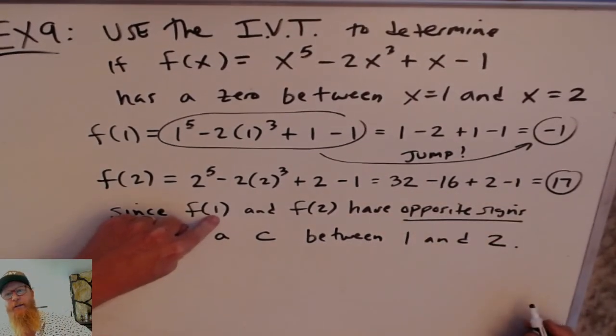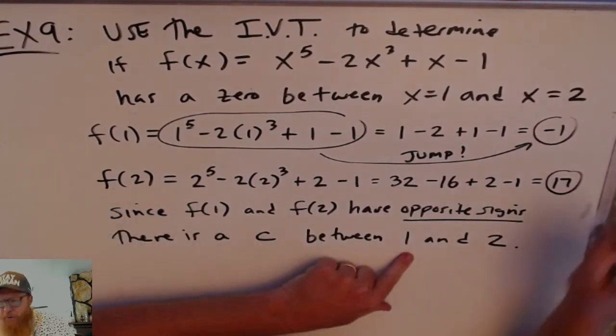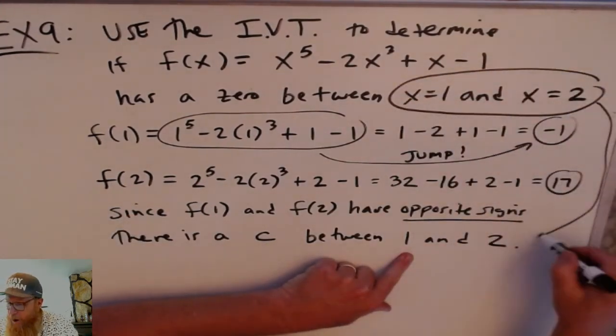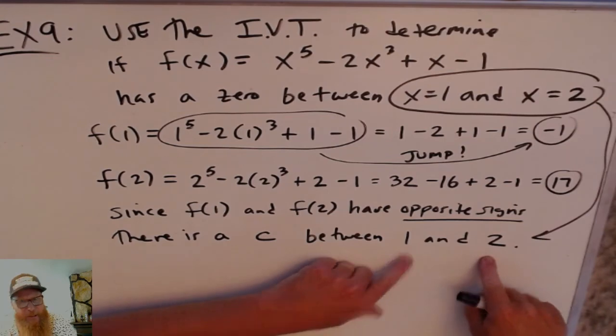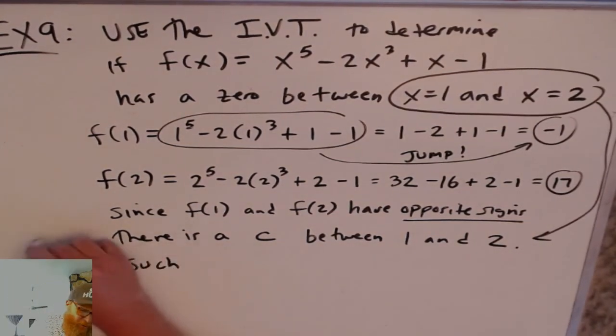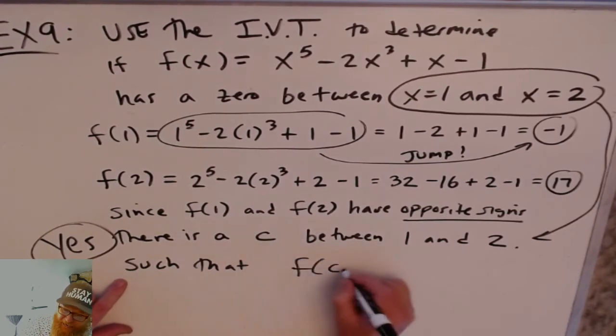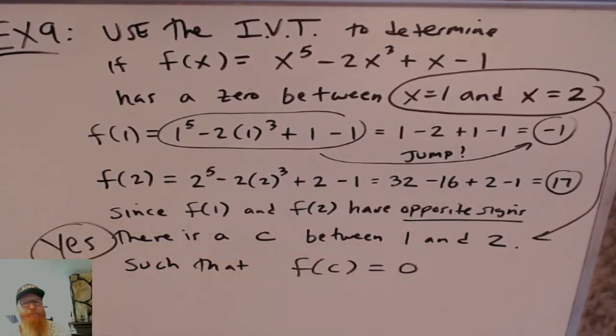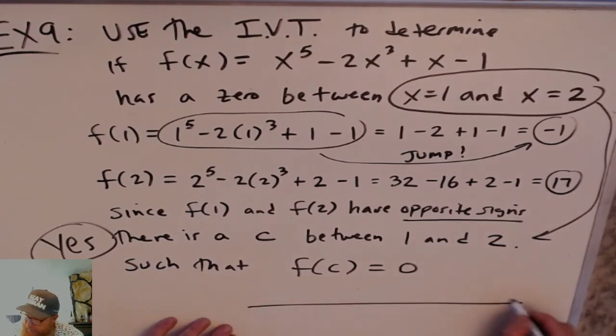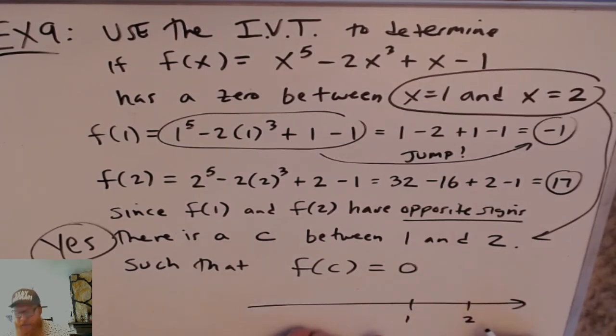Or if you like, you can be very precise: x equals 1 and 2, such that, so yes, the answer is yes, such that f of c is equal to 0. Again, we don't know what c is. We just know that it lives somewhere between 1 and 2. Here's our c, somewhere between 1 and 2, and the graph must pass through that point.